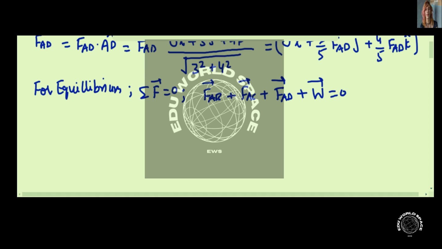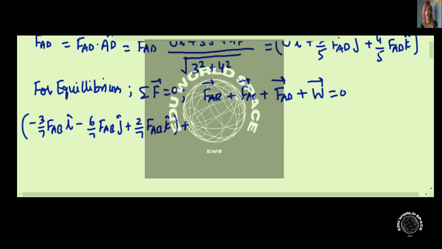Substitute the values one by one. We can write minus 3 by 7 FAB i cap minus 6 by 7 FAB j cap plus 2 by 7 FAB k cap.